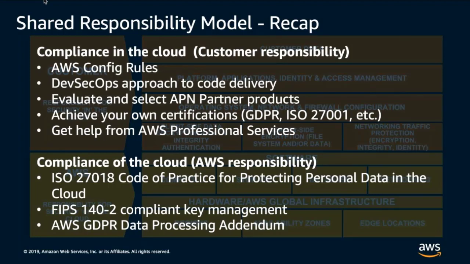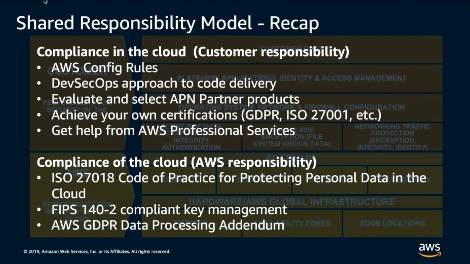DevSecOps is taking the concept of security guardrails or security checks and embedding them into your software development lifecycle so that you can actually pick up on insecure environments, insecure configurations before they actually enter your production environment. So take a look at that if you have time. There are plenty of other webinars out there around DevSecOps. So highly recommend go take a look at that.